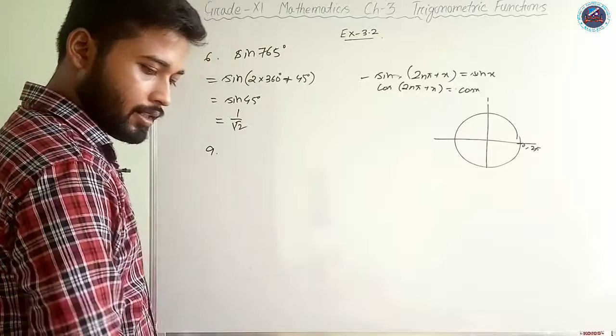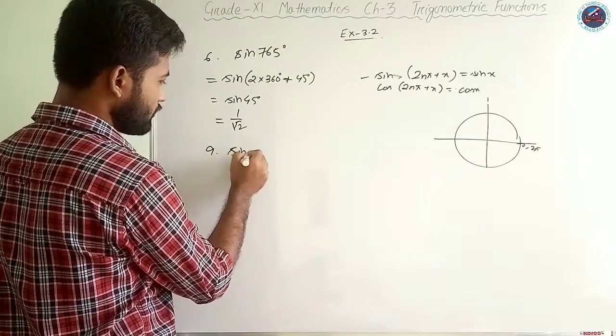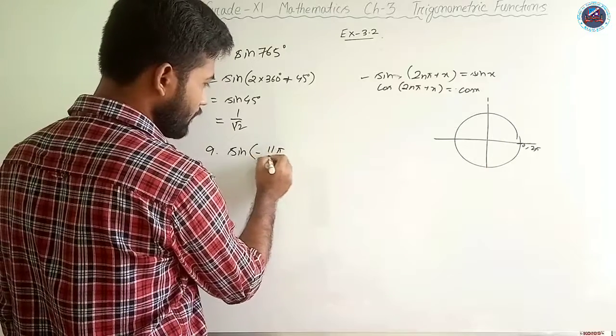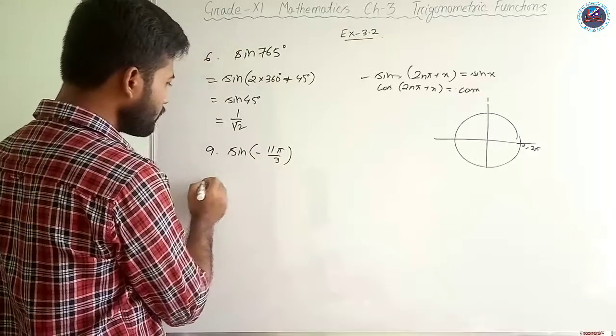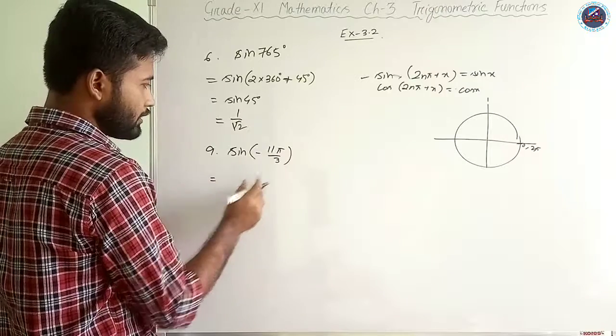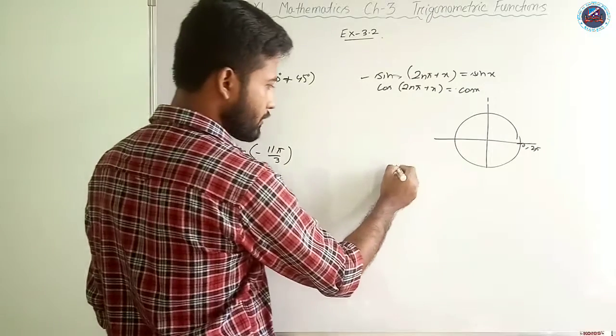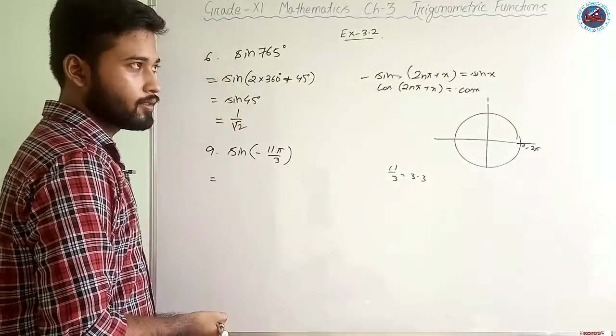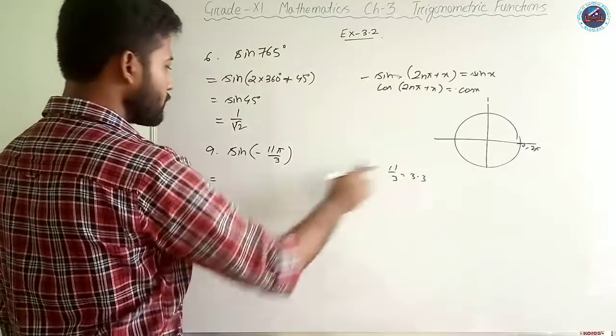So question number 9 says find the values of trigonometric function sine of minus 11 pi by 3. Now how to do it? Minus 11 pi by 3, we can clearly see that 11/3 is what? It is something like 3.3. Yeah, so it is less than 4.